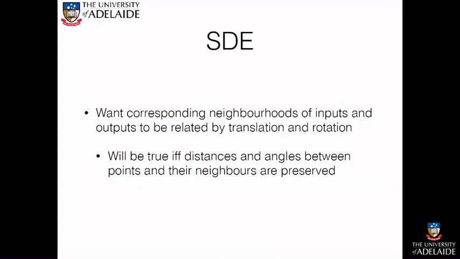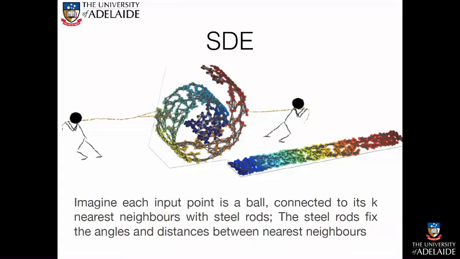So we want corresponding neighborhoods of inputs and outputs to be related by translation and rotation. So this plot just gives you a very intuitive idea of how SDE or MVU works. Just imagine each input point is a ball connected to its nearest neighbors with steel rods.